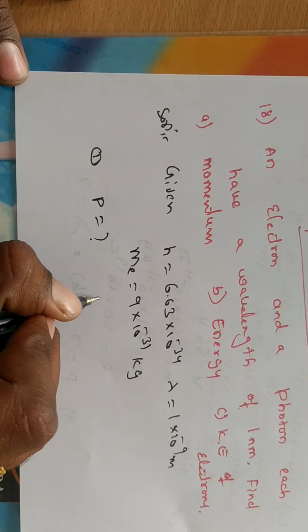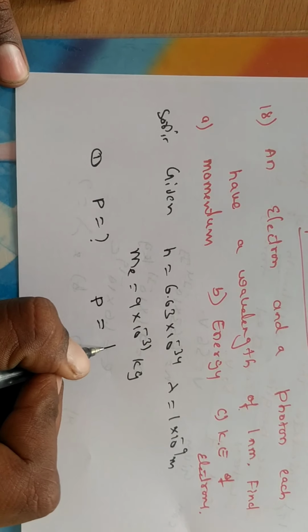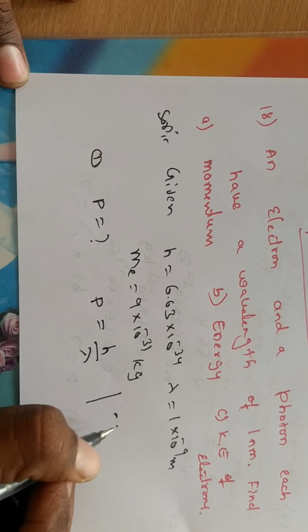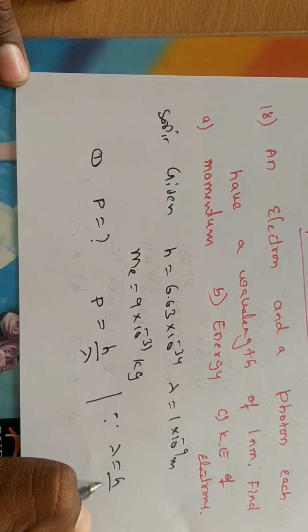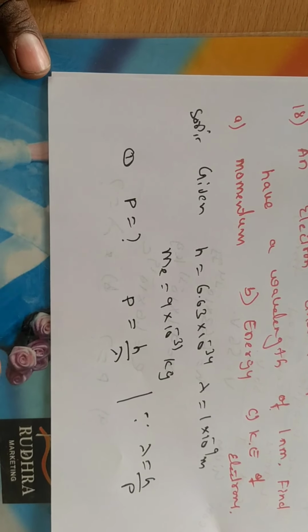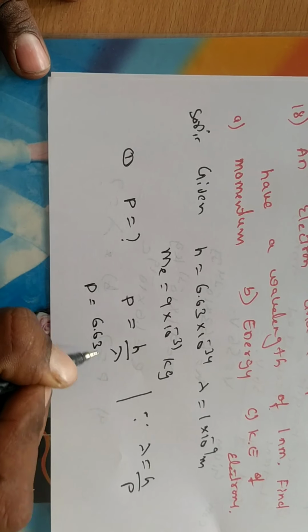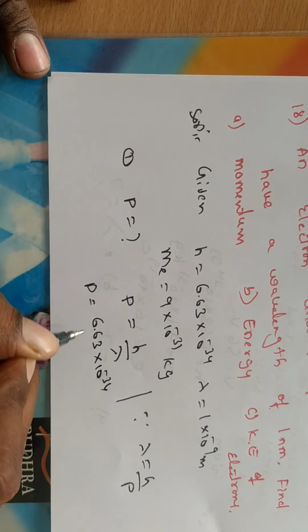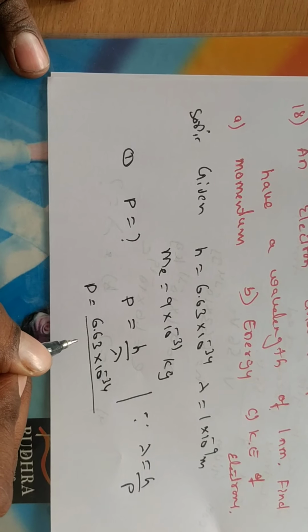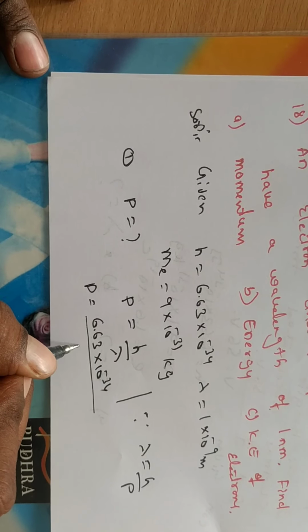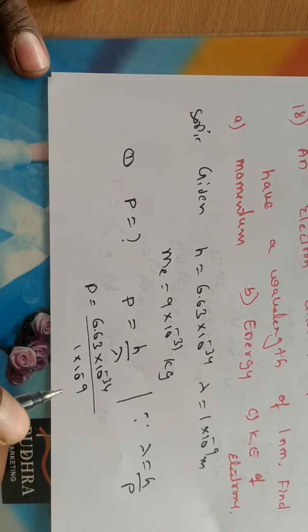What is the formula for P? Momentum P is equal to h divided by lambda, because lambda is equal to h divided by P. It is the de Broglie wavelength. Then substitute the value. P is equal to h value 6.63 into 10 to the power of minus 34 divided by lambda value 1 into 10 to the power of minus 9.